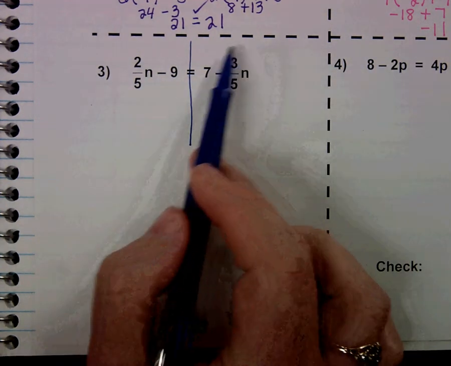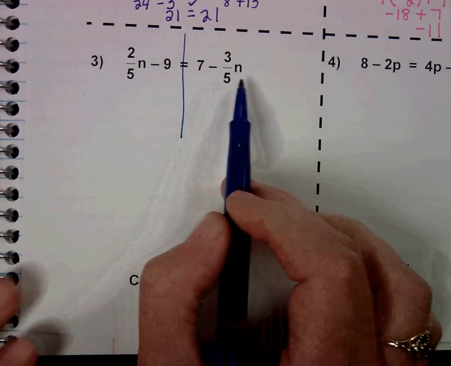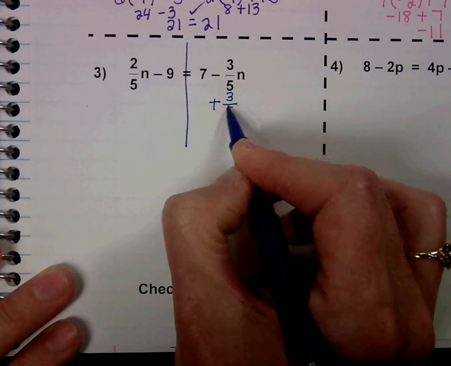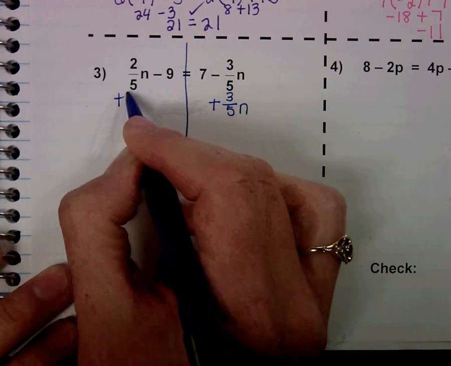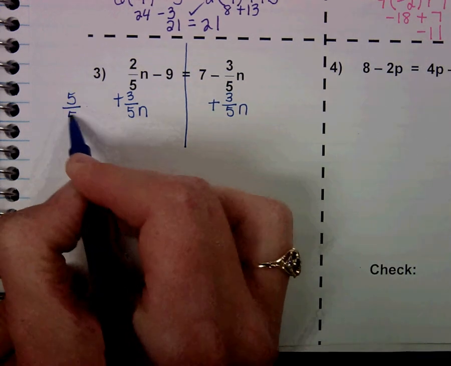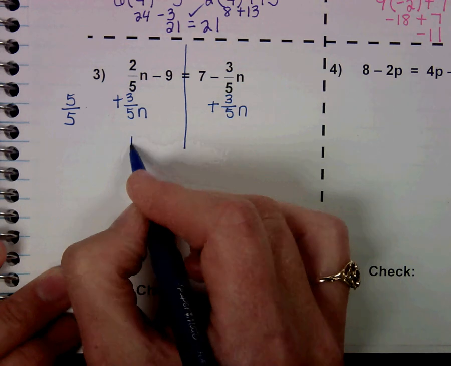I'm going to still choose to move my variables to the right because this is a negative 3/5 n. And so that's really easy to say plus 3/5 n. And what you're going to see here is 2/5 plus 3/5 is 5/5. Well, what is 5/5? 5/5 is 1 n, or simply n.